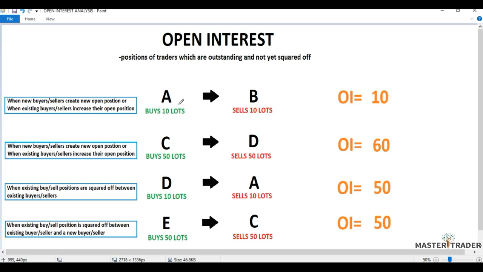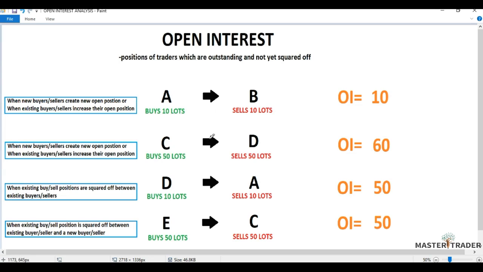So if A is buying 10 lots and B is selling 10 lots, the open interest is 10, because there's an interest from A and there's an interest from B. This generally happens when a new buyer or seller creates a new open position, or when an existing buyer or seller increases their already open positions.